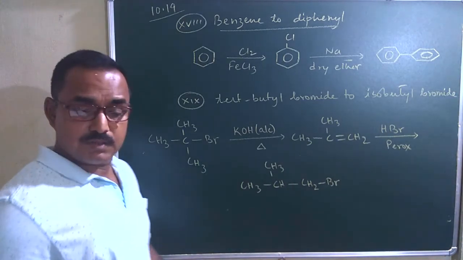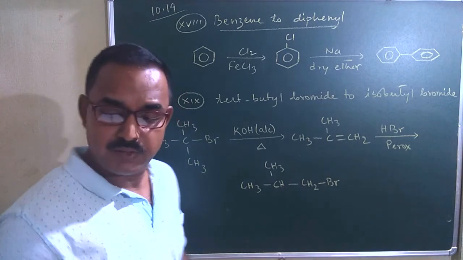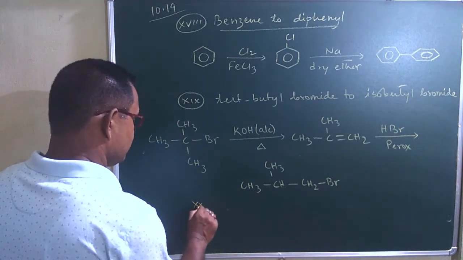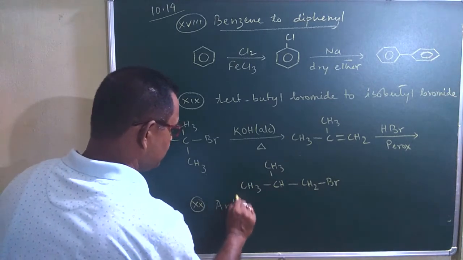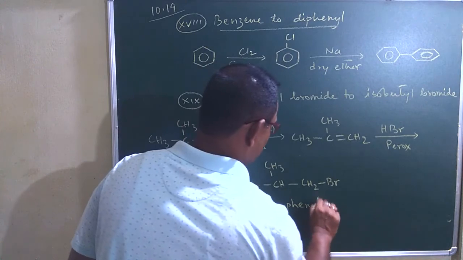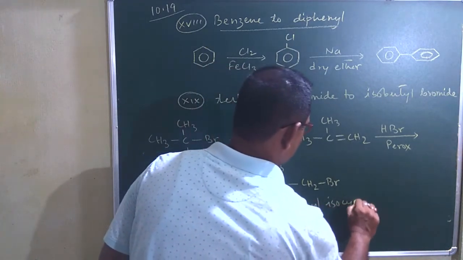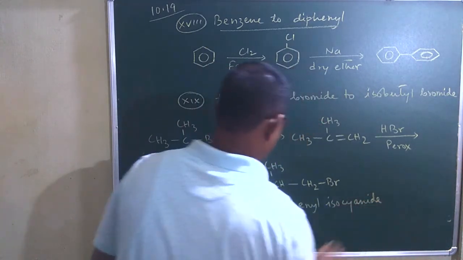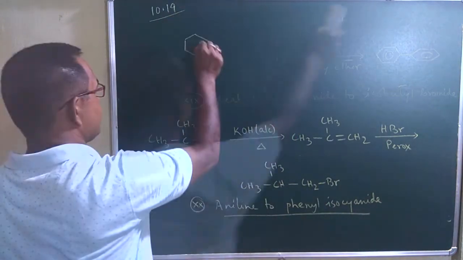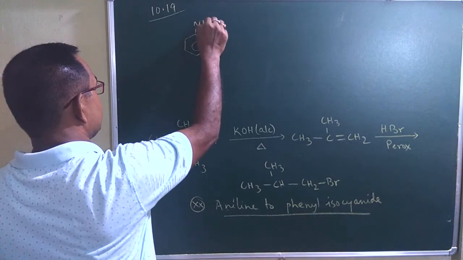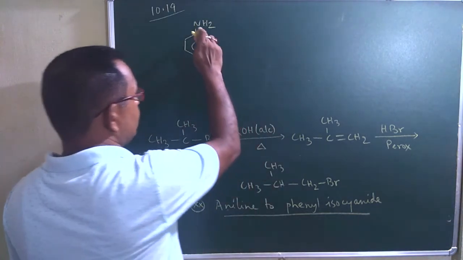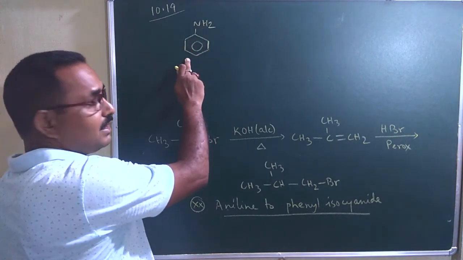Come to the last. Aniline to phenyl isocyanide. This is aniline. It is an aromatic primary amine.